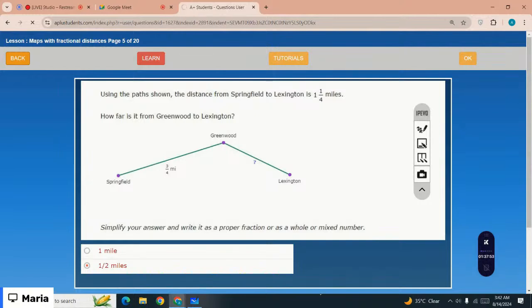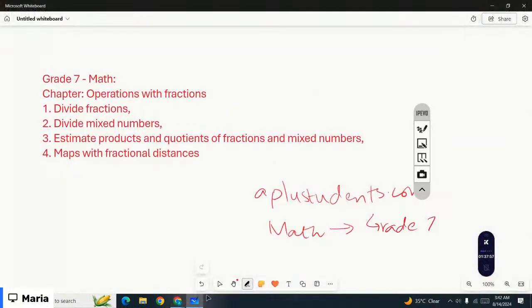Sorry, I think I forgot to click on the back button. The lessons we have covered are divide fractions, numbers, products and quotients of fractions and mixed numbers, and maps with fractional distances.